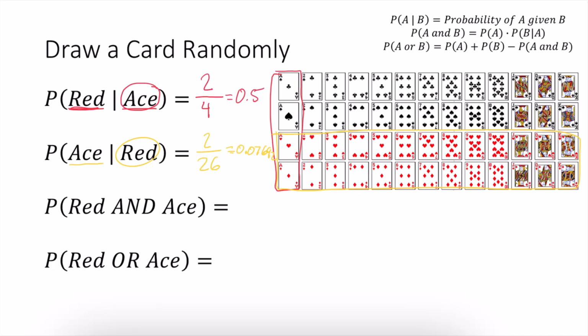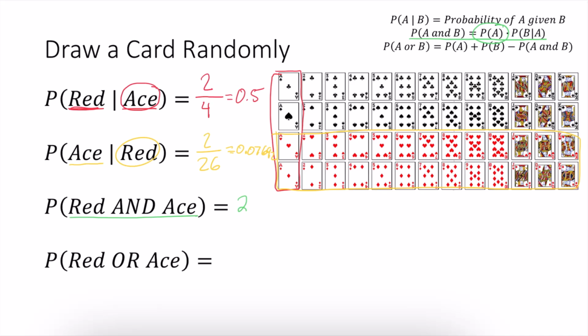So if we wanted to find the probability of choosing a red card and an ace, we would use this formula here, which says that to find the probability of two events happening together, you find the probability of the first event happening by itself. In this case, our first event is drawing a red card.